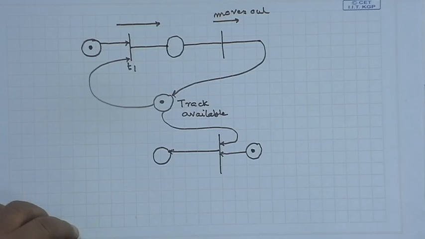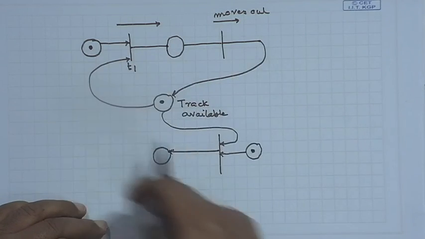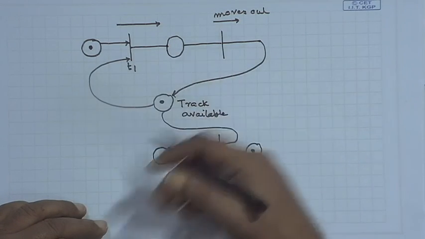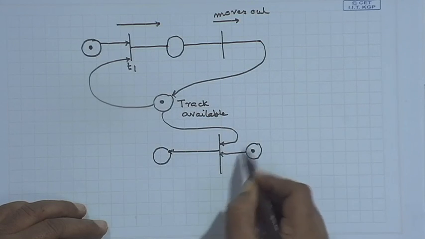I am not discussing that in detail here, but this has got different varieties with the number of tokens that each place can have.